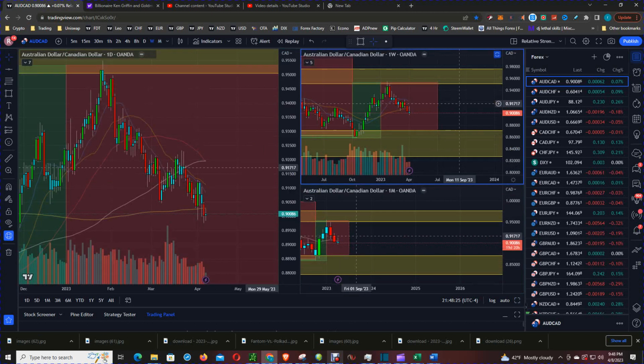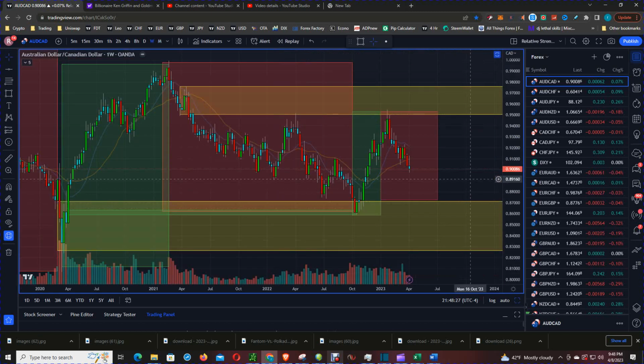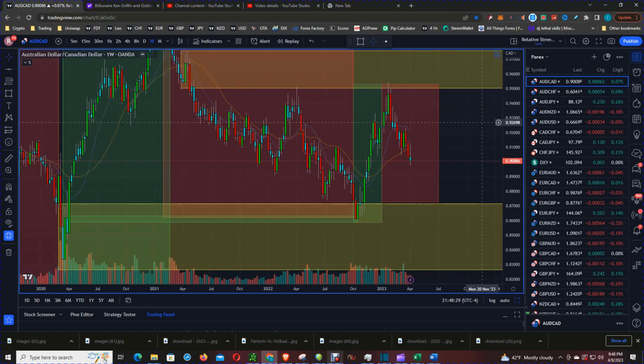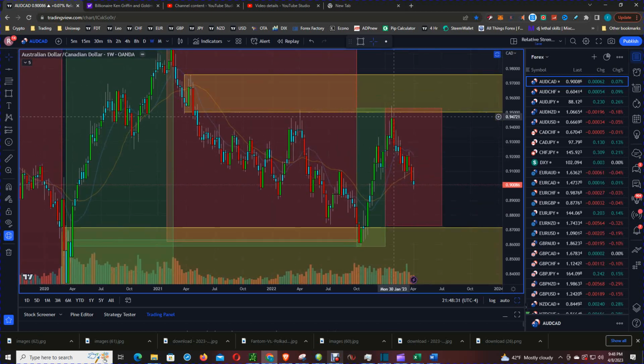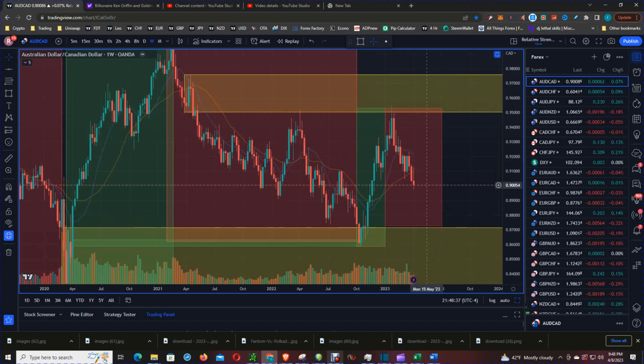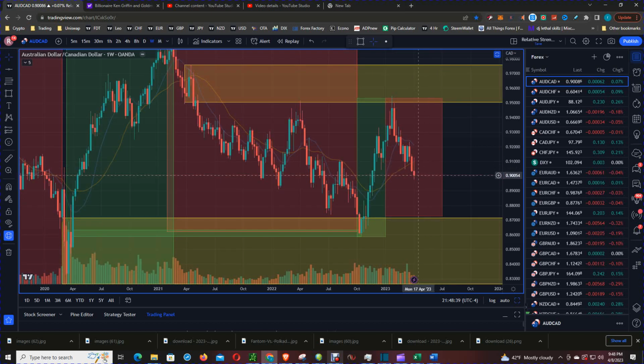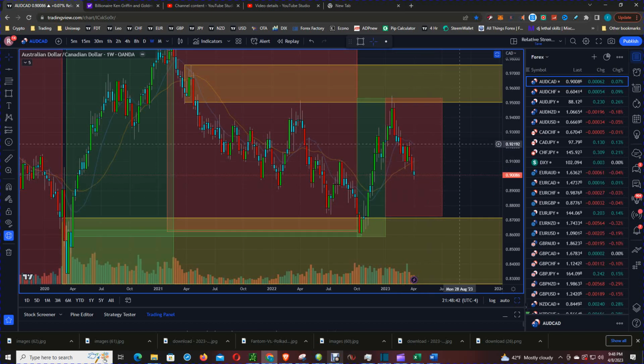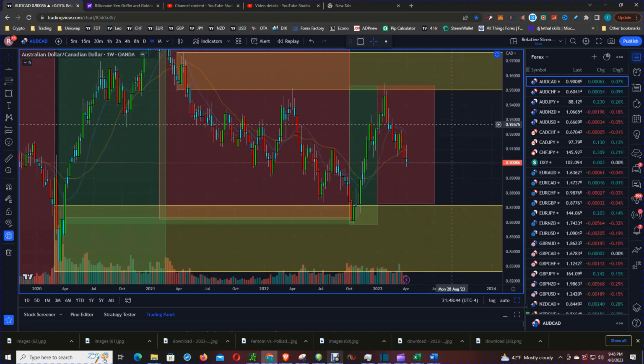Let's go to the weekly chart. And you can see that price is making lower highs and lower lows, lower highs and lower lows. Question is, will price continue to move down? It's possible. Price loves liquidity.